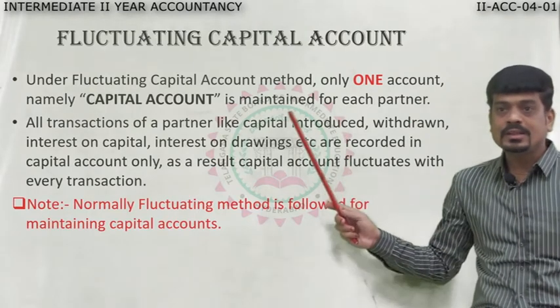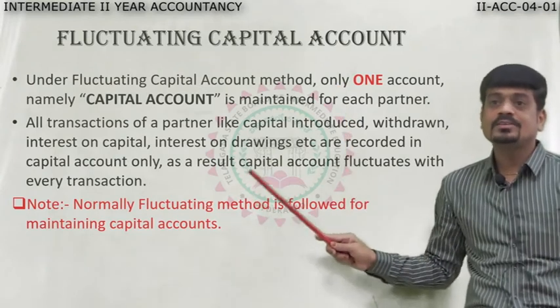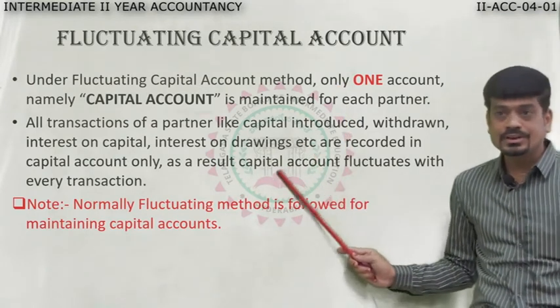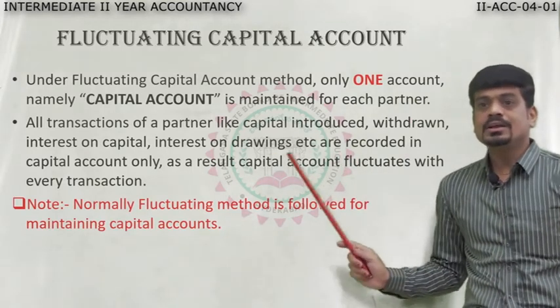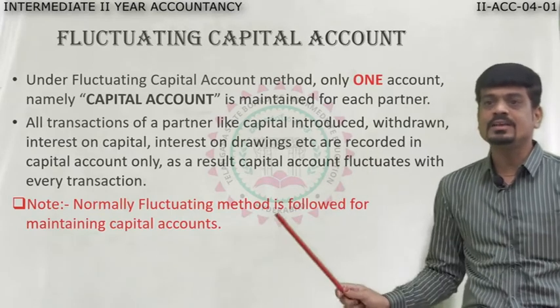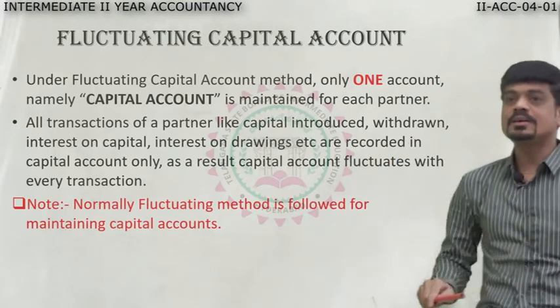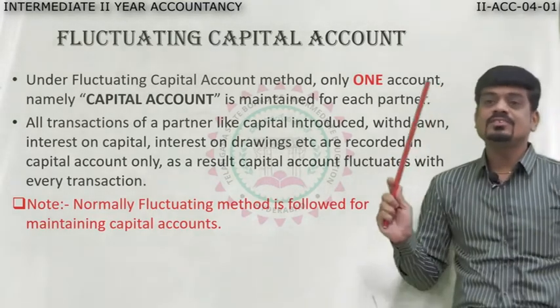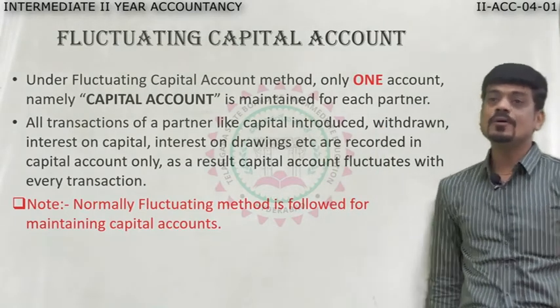Under the fluctuating method, we maintain one capital account, and in this we record transactions like capital introduced, capital withdrawn, interest on capital, interest on drawings, share of profit, and remuneration. Whereas in the fixed method, we record those transactions in the current account.